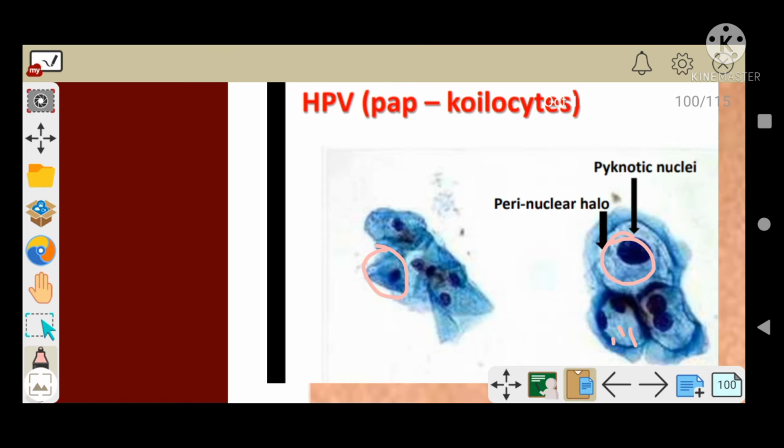The nucleus will be pushed to a side, what we say as pyknotic nuclei, correct? Nucleus pushed to a side, and there is a perinuclear halo. Sometimes organisms will be visible like red type. I will show you a different picture, right?